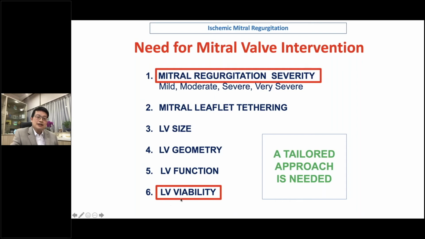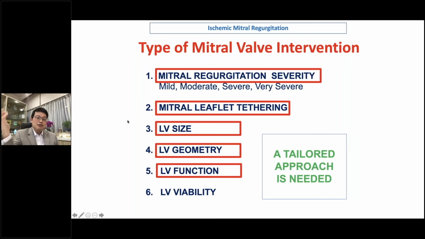But if the LV was showing large areas of non-viable segments, particularly in the segments supporting the papillary muscles, then the mitral regurgitation is unlikely to improve with just revascularization. And in that case, it is beneficial to repair the mitral valve at the same time. If the mitral regurgitation is mild, then there's no need to intervene on the mitral valve. And then we have to decide on the type of mitral valve intervention, whether we repair the valve or replace the mitral valve.